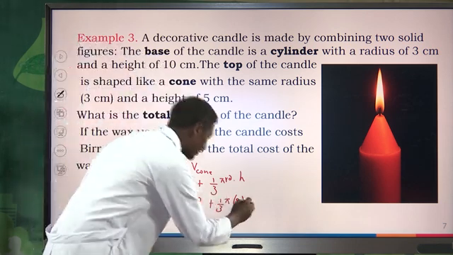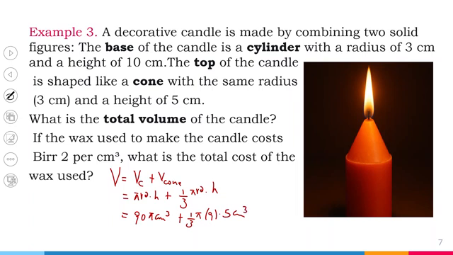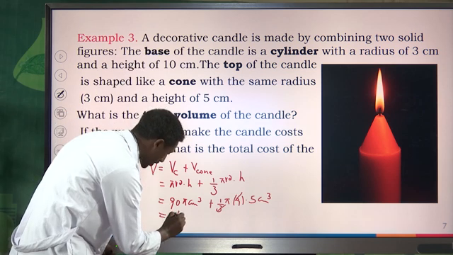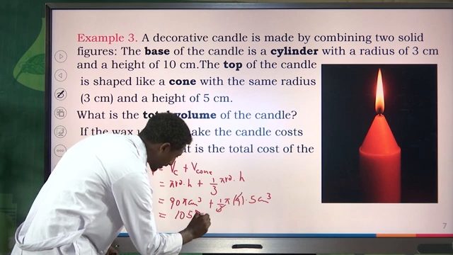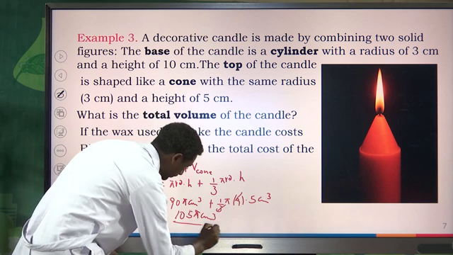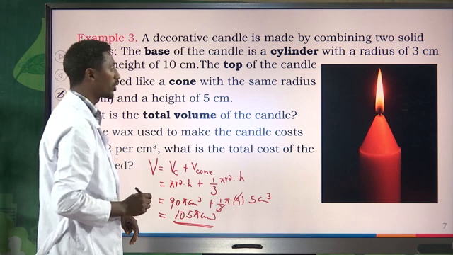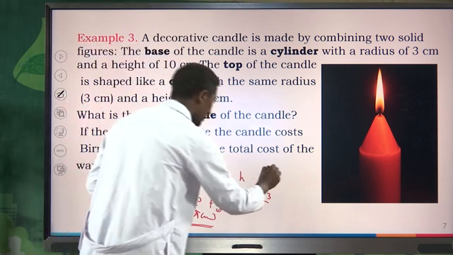It's 5 centimeter, the unit is centimeter cube. So we can simplify this. If we divide 9 by 3, it is 3 times 5, 15. So 15 plus 90 equals 105 pi centimeter cube. This is the volume of the candle.